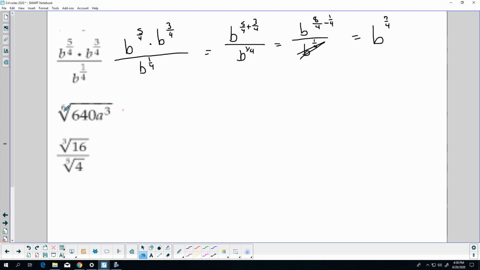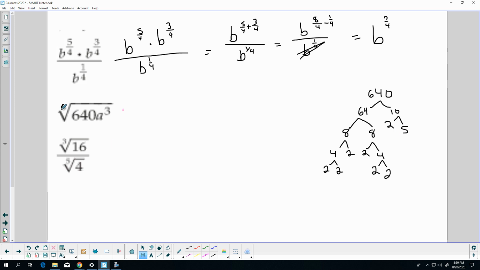On the next one, I need to figure out the 6th root of 640 off to the side. Let's do a factor tree, and that's going to be 64 times 10. 64 is 8 times 8, which is 4 times 2. And the 4 is going to be broken down some more. And 10 is just 2 and 5.